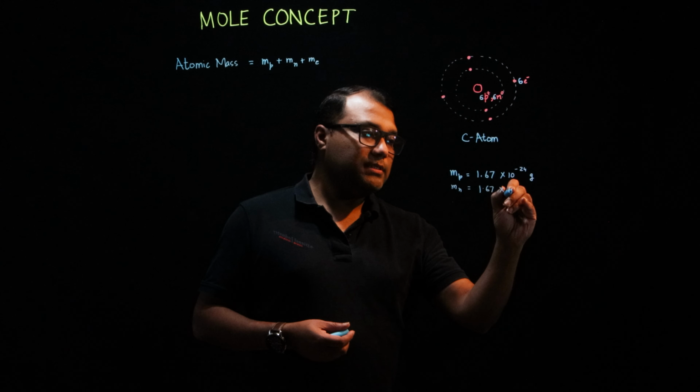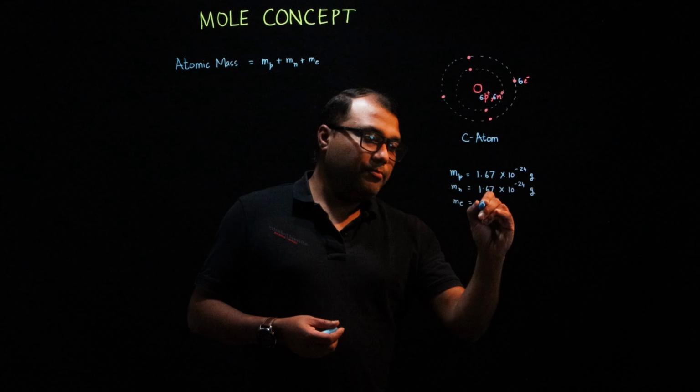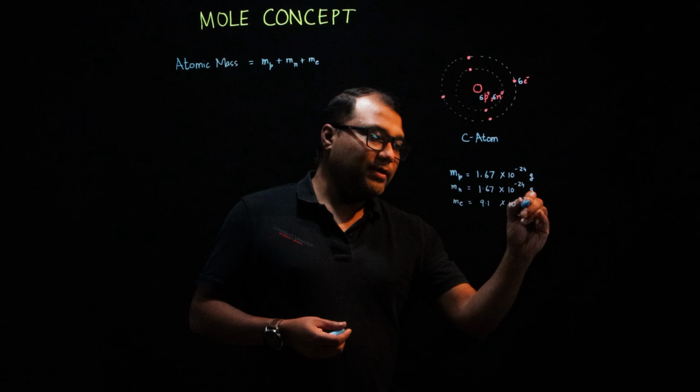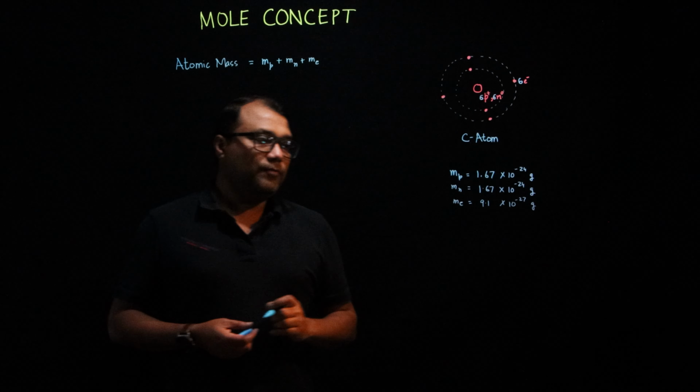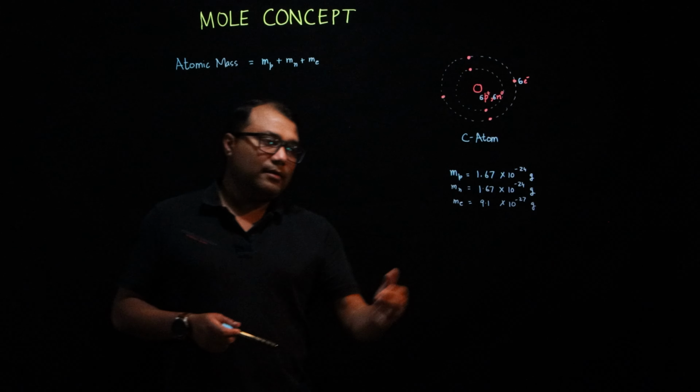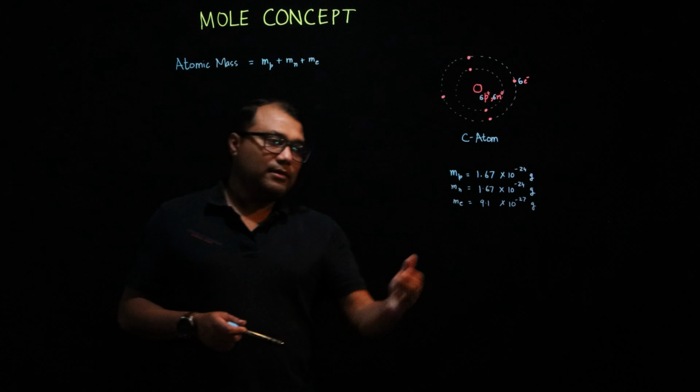Mass of electron is however much lower. It is 9.1 x 10^-27 gram. So when compared to the mass of proton and the mass of neutron, we can safely neglect the mass of the electron. So when we calculate the atomic mass, we typically don't need the mass of the electron.